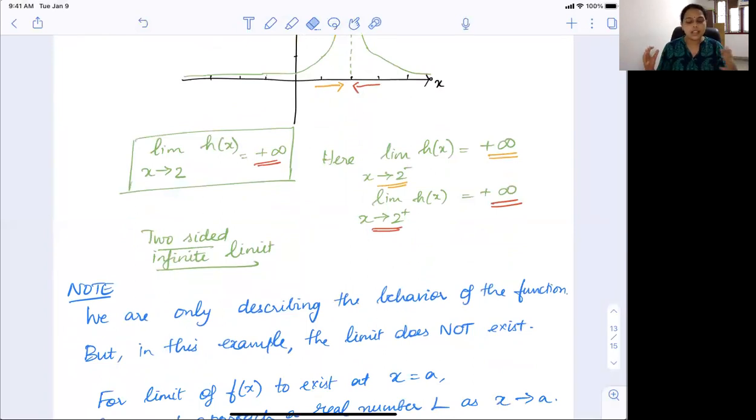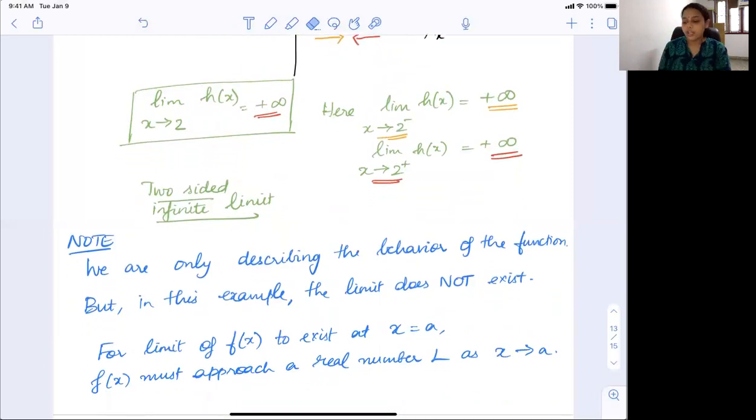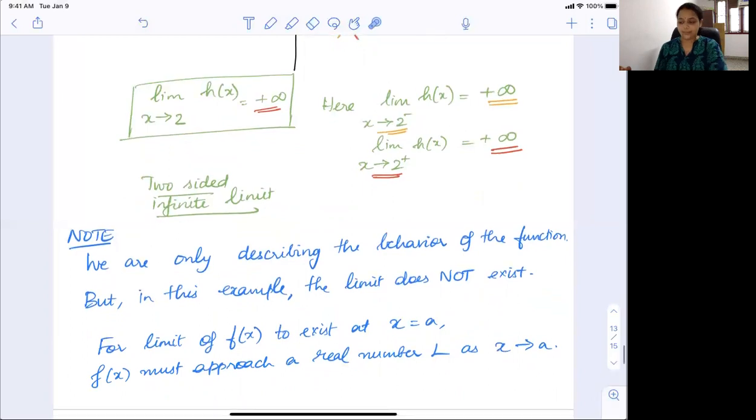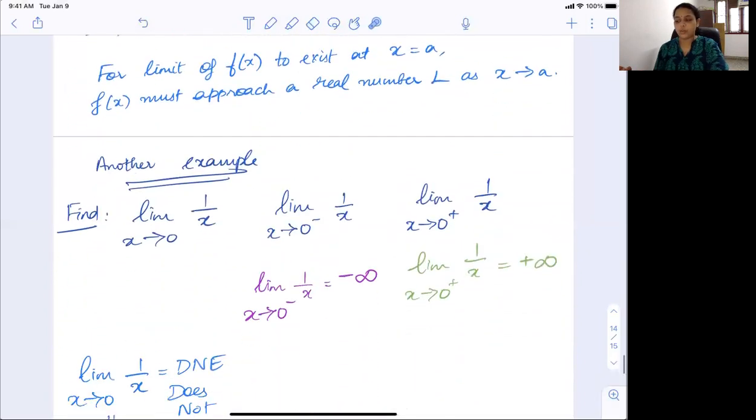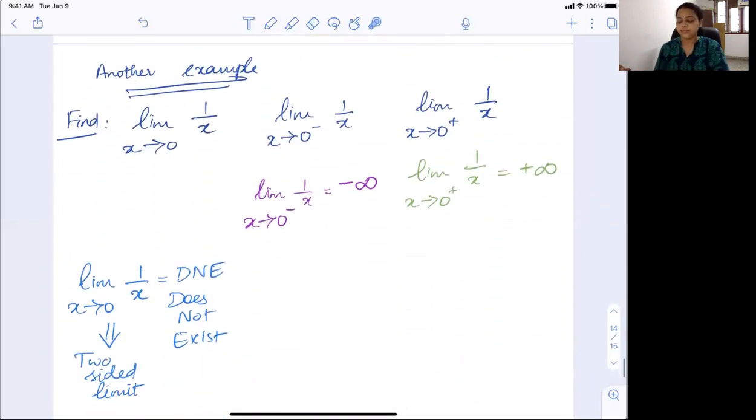We're still trying to understand the behavior of the function here. So when we say infinity, it helps us visualize the function better. But that still doesn't mean a limit exists. So the limit technically exists only when f of x approaches a real number L as you get closer and closer to A.